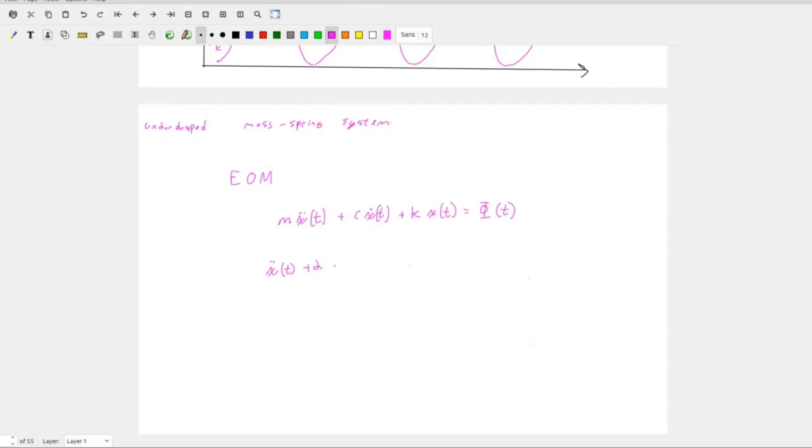So c over m becomes 2 zeta omega n x dot of t. That also needs a t. Plus omega n squared x of t equals 1 over m times capital Phi of t.